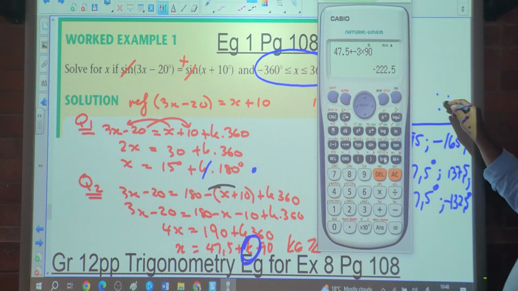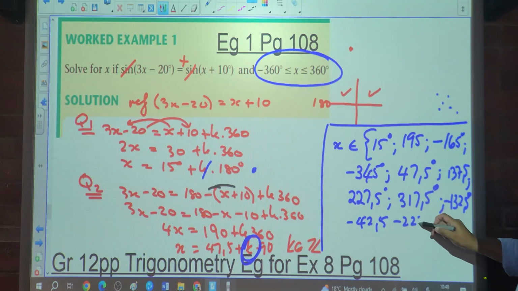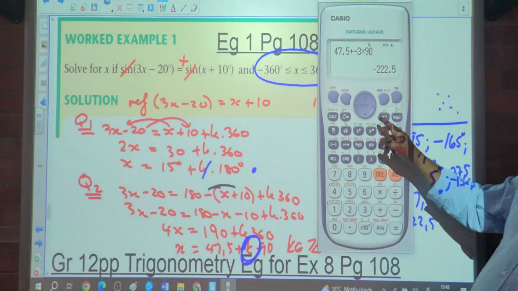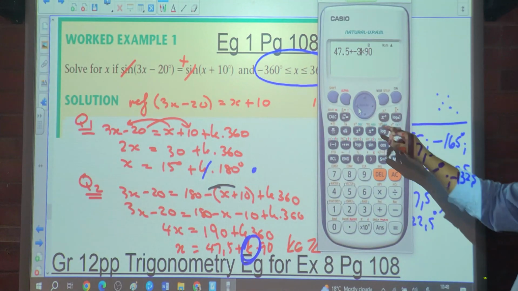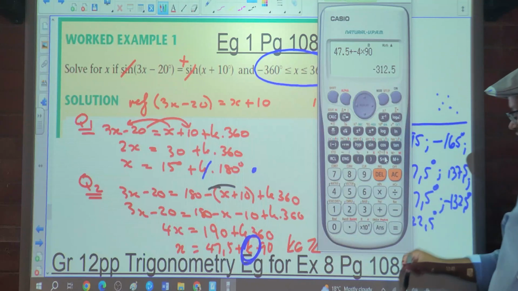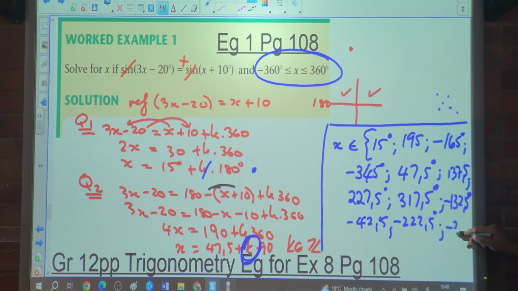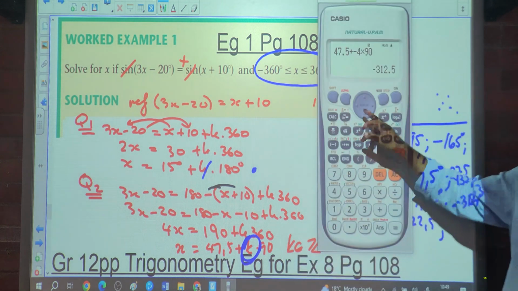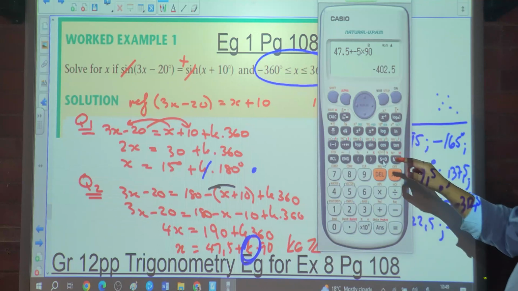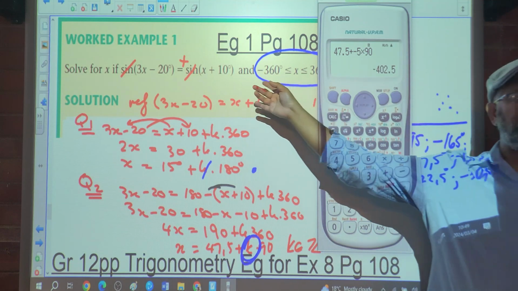Negative 222.5. Minus 3. Minus 4. Negative 312. And of course, minus 5 will be outside that given domain, negative 360.